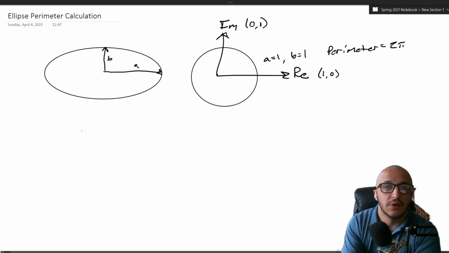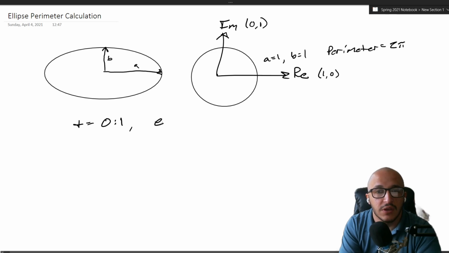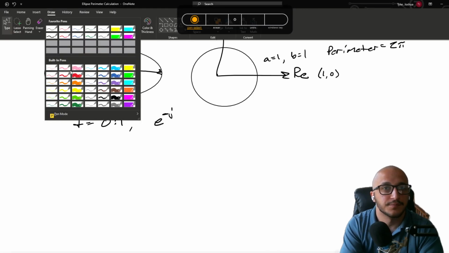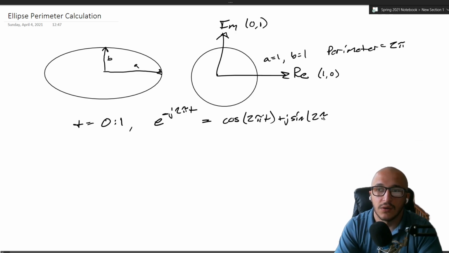This is something that you can try in MATLAB, and I may show it later. If you plot t equals some array from 0 to 1, and then you plug in the equation e to the j times 2 pi t, you should get cosine 2 pi t plus j sine 2 pi t.